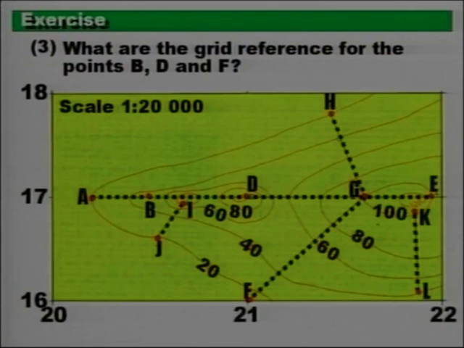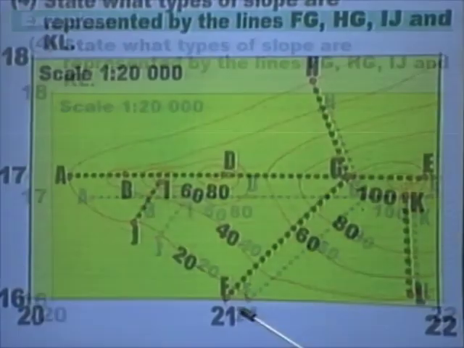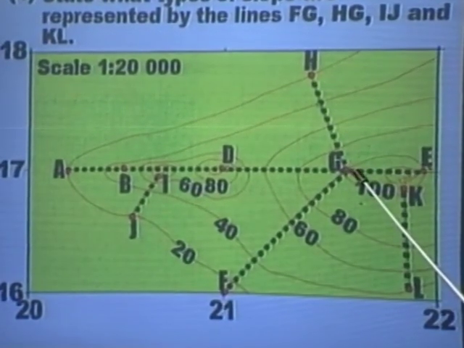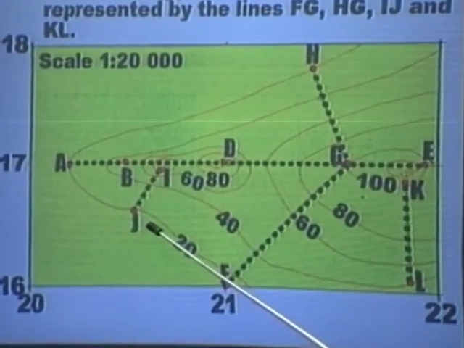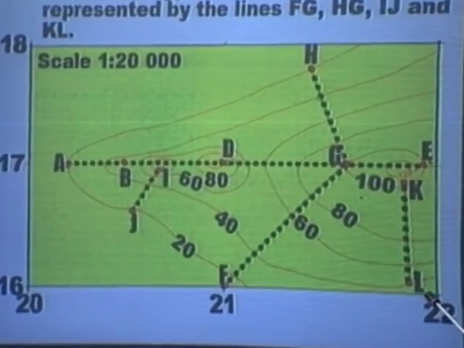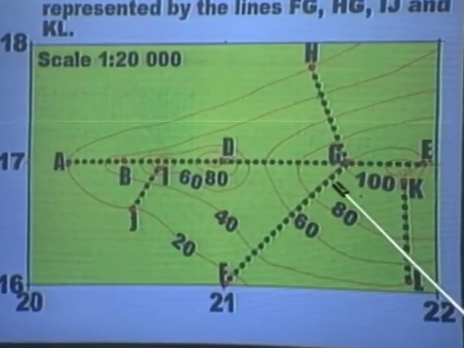And finally, the last activity: state what types of slope are represented by the following lines on your map: F to G, H to G, I to J, and finally K to L. Just state what type of slope those contour patterns are showing.